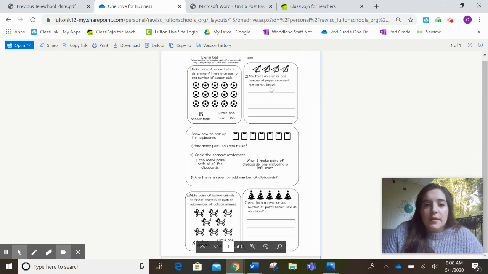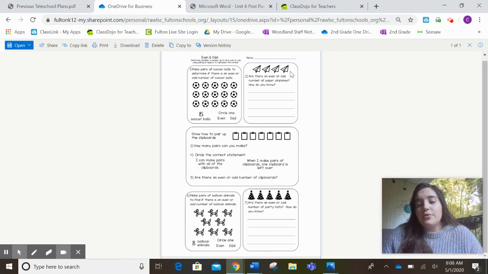Same thing for number 2. Are there even and odd number of paper airplanes? How do you know? There's 1, 2, 3, 4 paper airplanes. If you print this out, write down how do you know that there are even number or odd number of paper airplanes. If you can't print it out, just draw out 4 items because there's 4 paper airplanes for that problem.